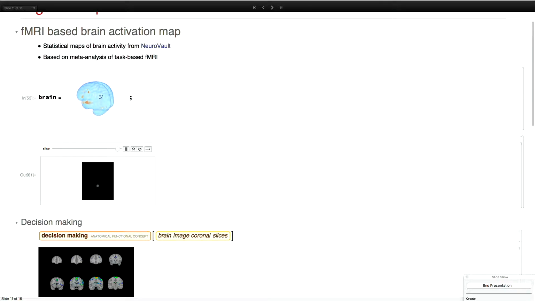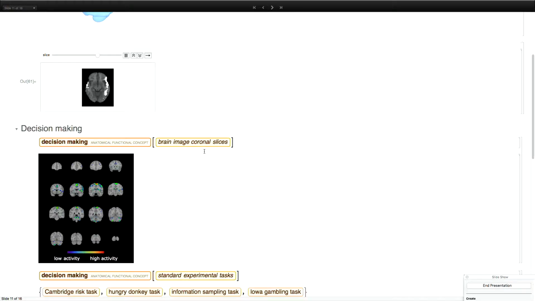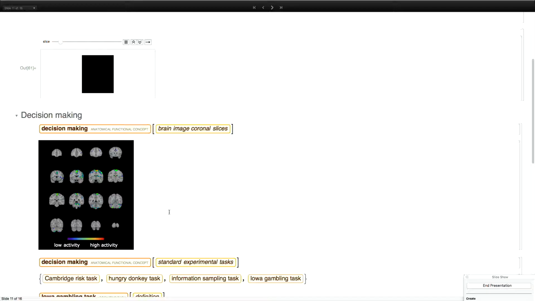And we converted this to graphics and also aligned it to the coordinate system used in the anatomy data. For example, this is looking at brain images, coronally sliced from front to back during decision-making processing. So we can spot the high activity area near the top surface of the brain.